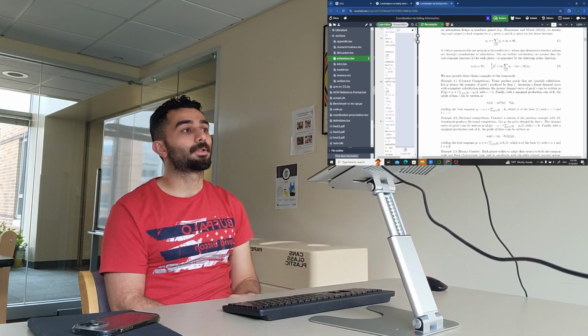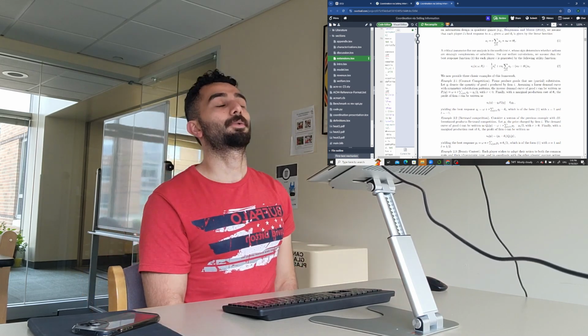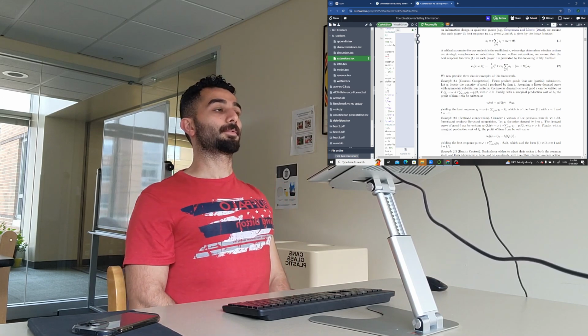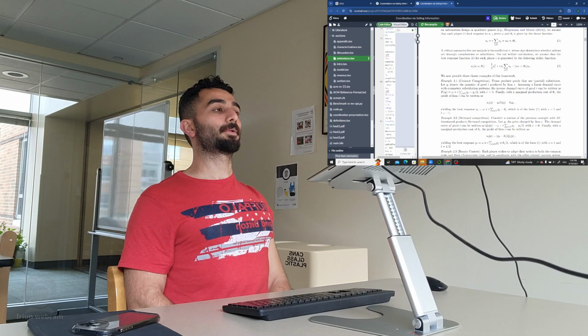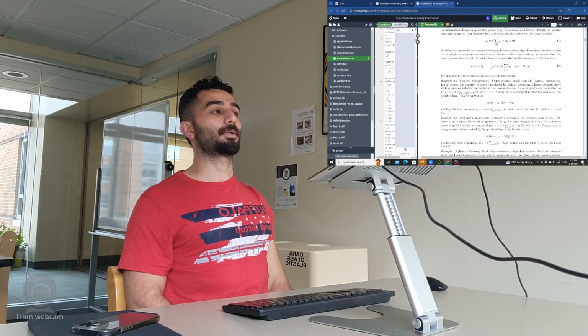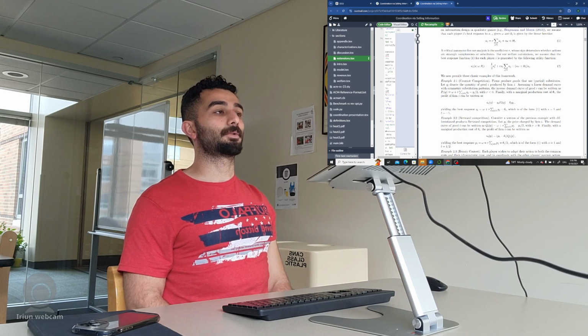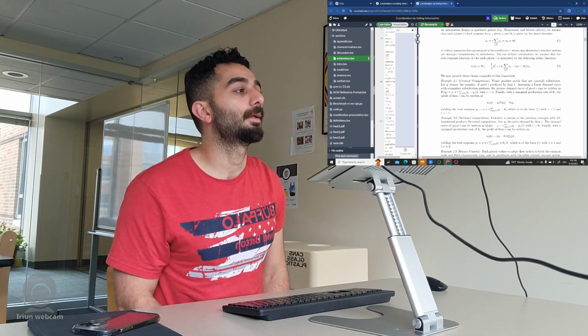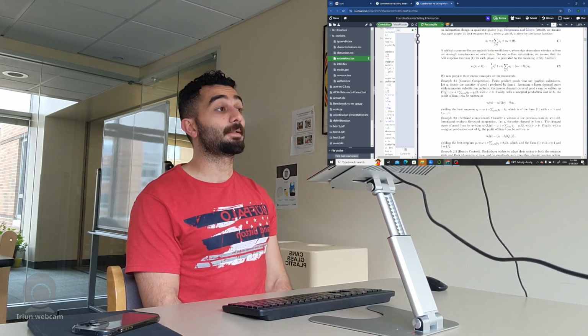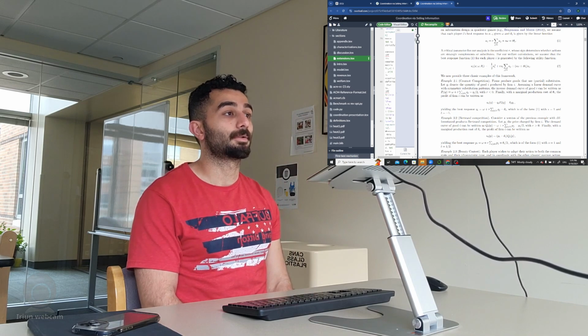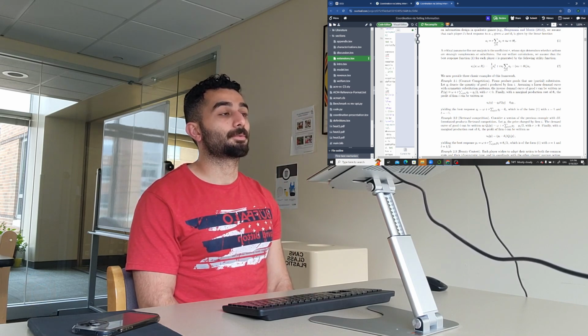In Cournot competition, firms produce goods that are partial substitutes. Qi denotes the quantity of good i produced by firm i, assuming a linear demand curve. So we assume a linear demand curve in Cournot, of course, with symmetric substitution patterns.